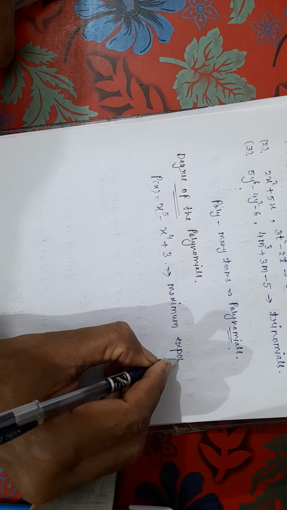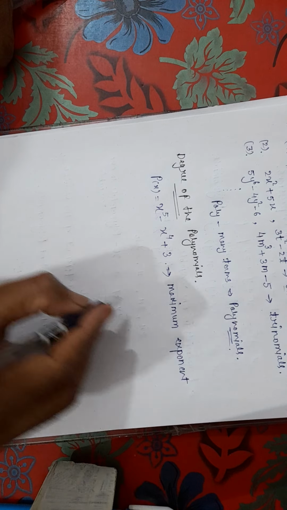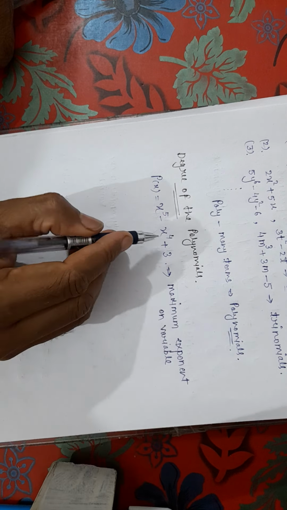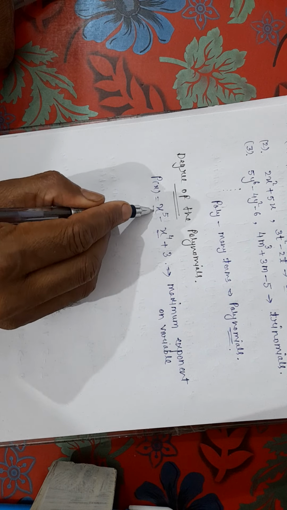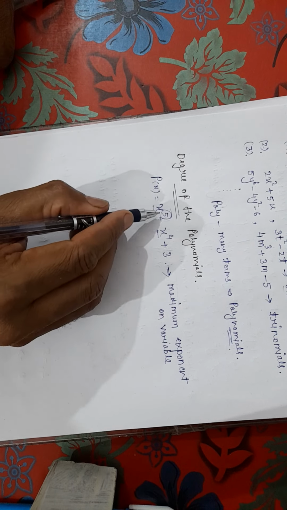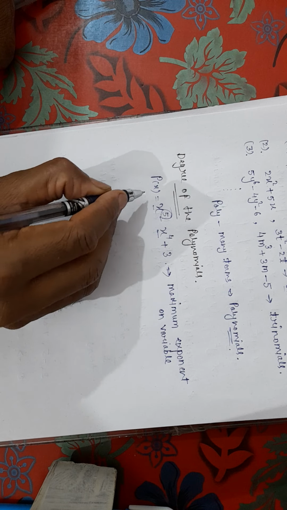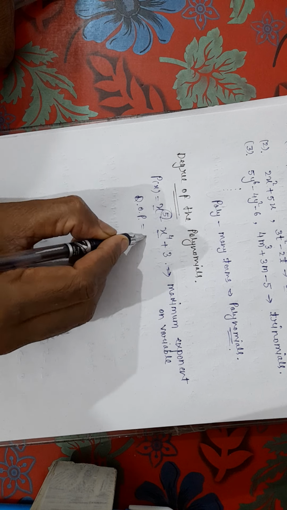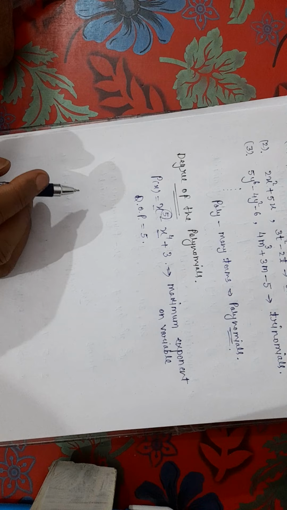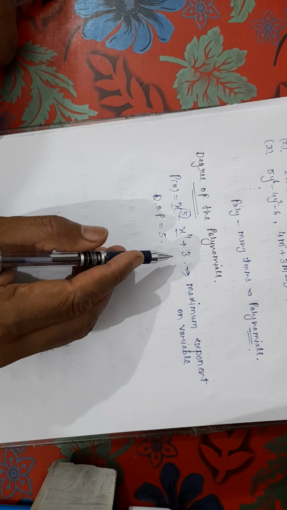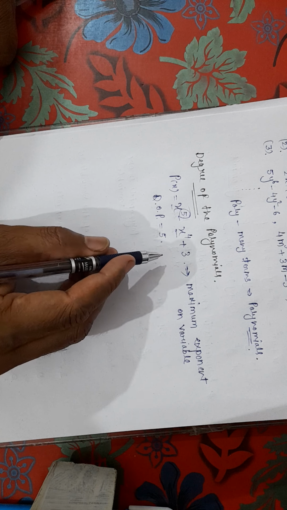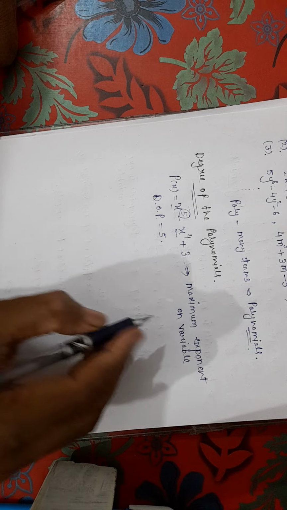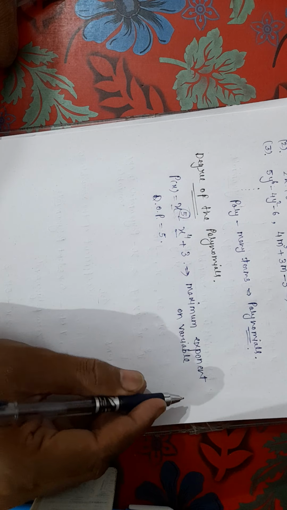Here x having a 4 exponent, here x having a 5 exponent. So here degree of polynomial is 5. In this equation, degree of p(x) is 5. Okay. So by this example, it is clear to you how we will find the degree of polynomial. The maximum exponent, or we can say highest exponent also.